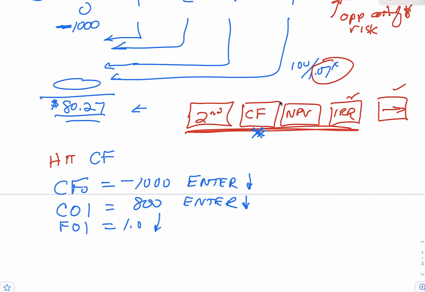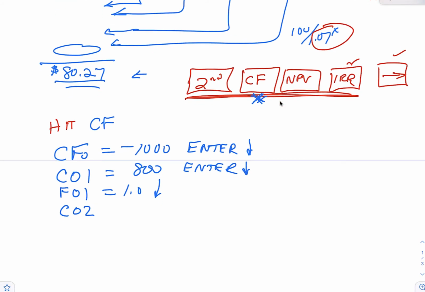Going past this F01, you'll come to C02. That's the cash flow for the second period, and that's going to be 200. Enter it and hit the down arrow, and then you see the frequency for cash flow 2.